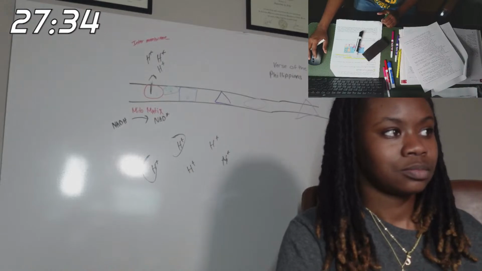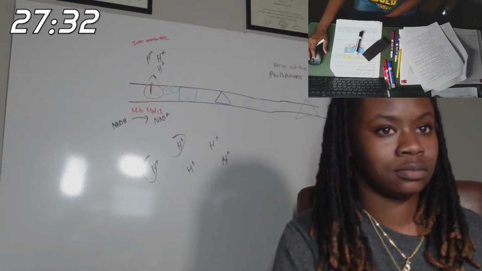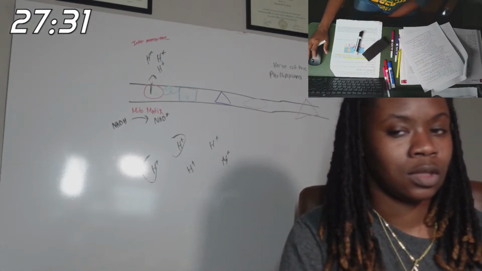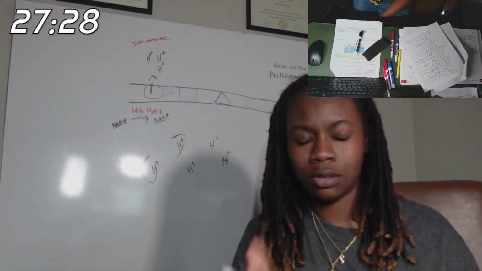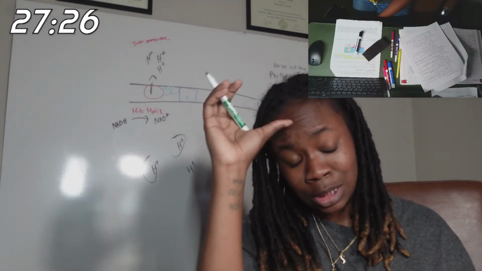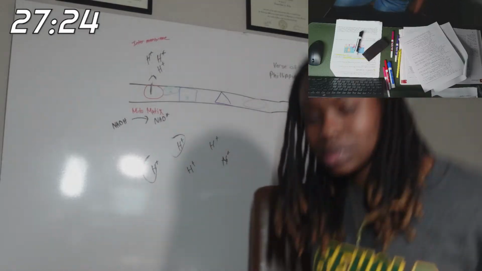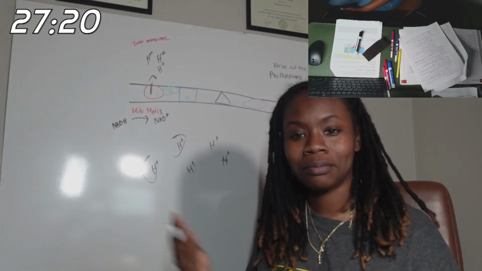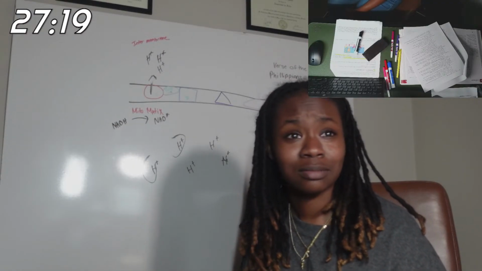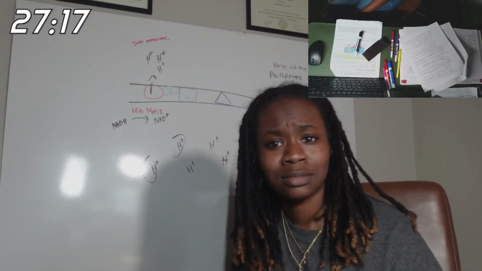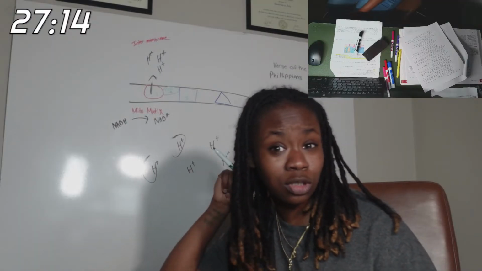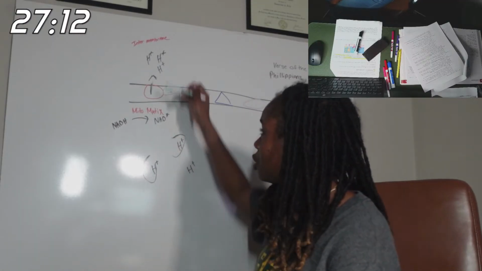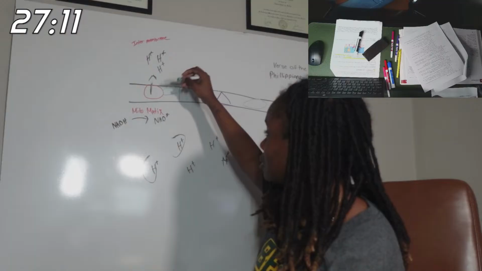There, awaiting further instruction. Now at this point, FADH2 comes along and approaches complex 2. It's also important to note that MCAT tests things like this, so it'll probably ask you about inhibitors, right?